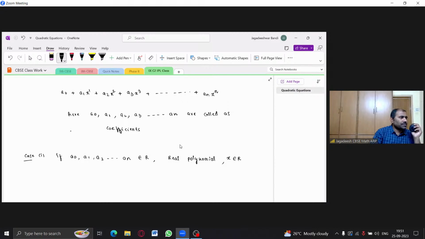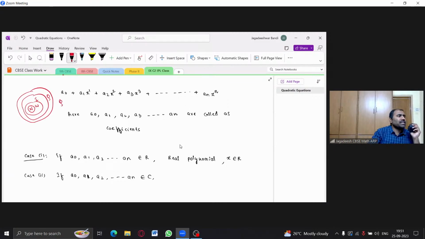For suppose, case 2: if all the coefficients a naught, a1, a2 and so on, an belong to complex numbers. You all know complex numbers are nothing but, see children, once again I'll have a glance here. Natural numbers, whole numbers, integers, rational numbers, then irrational numbers.